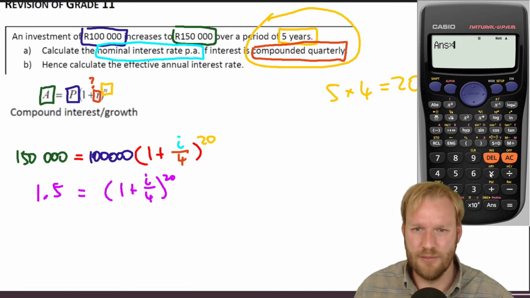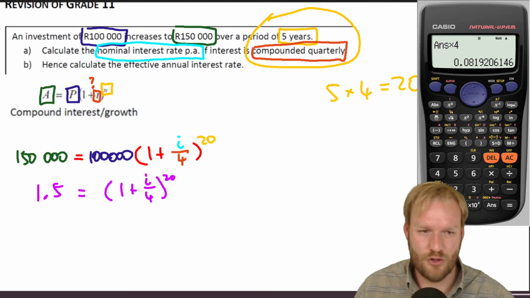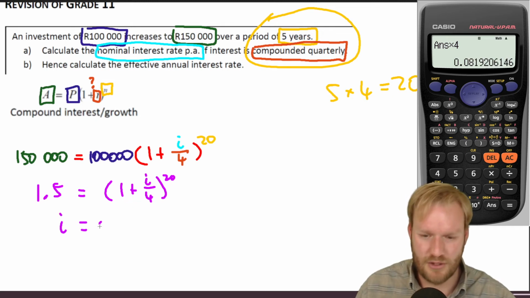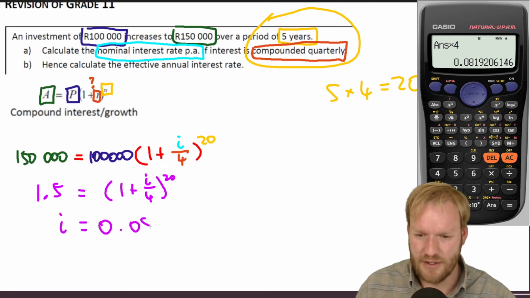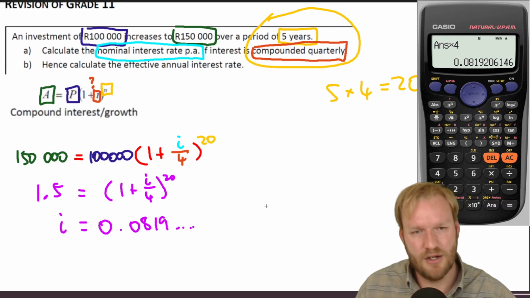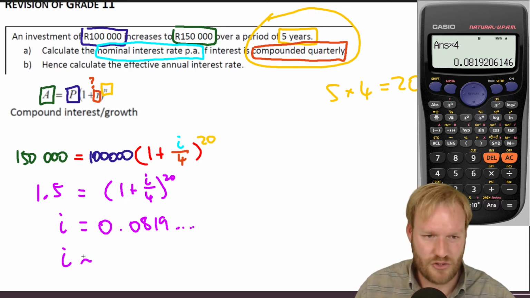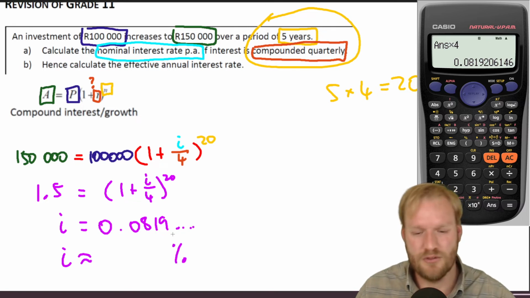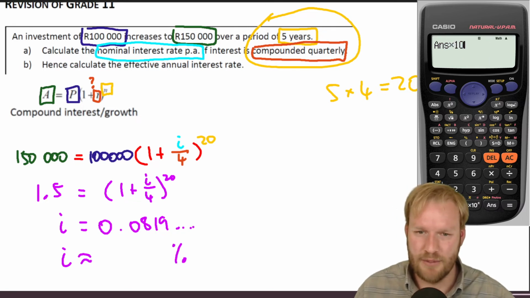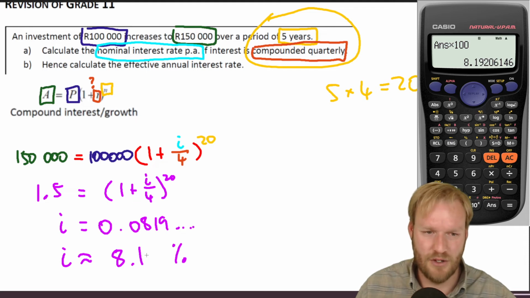So if we multiply that by 4, we get i equals 0,0819 and so on. And therefore, if we want our interest rate as a percentage, remember we're just multiplying that by 100. So what we're going to get is 8,19%.